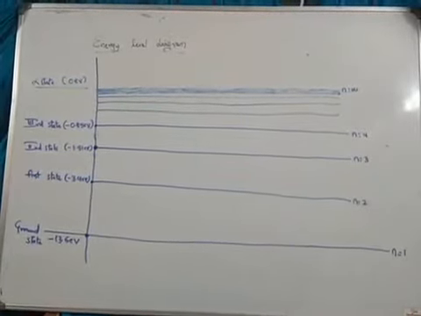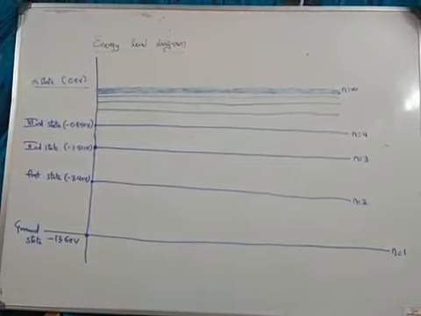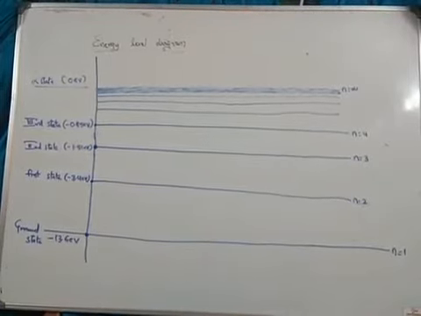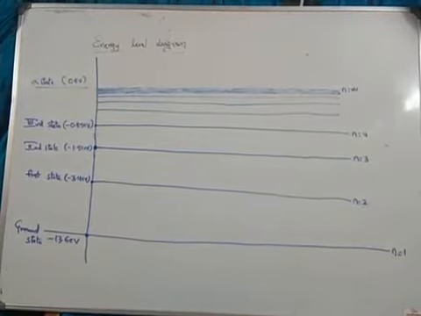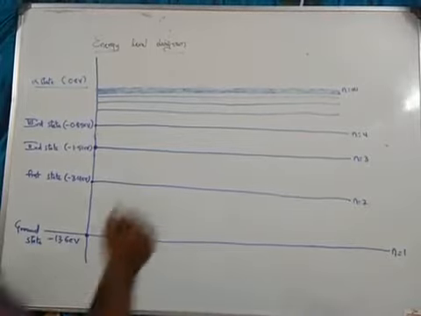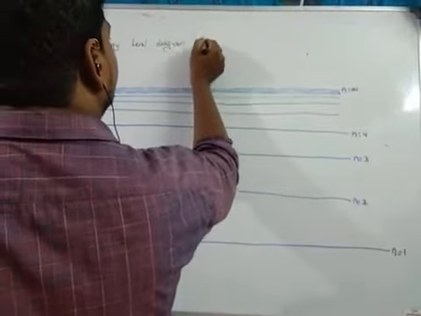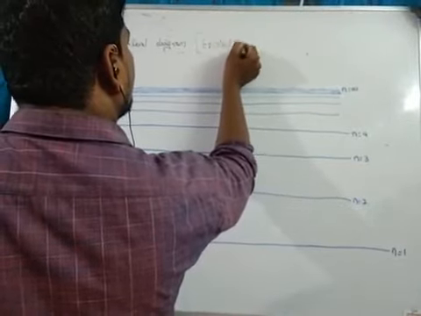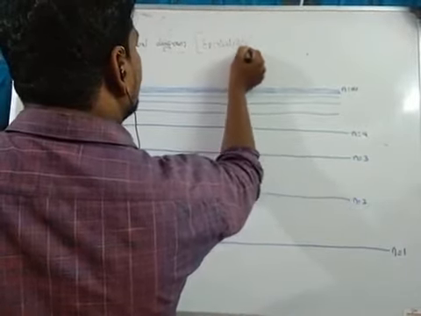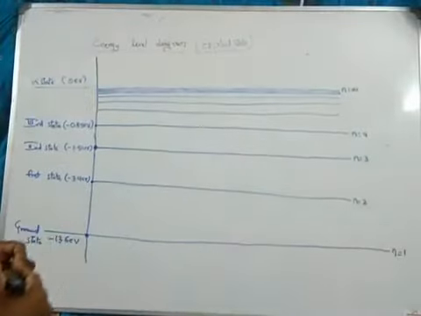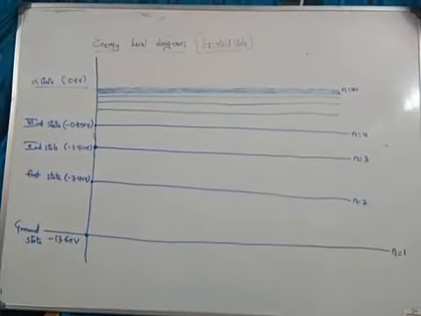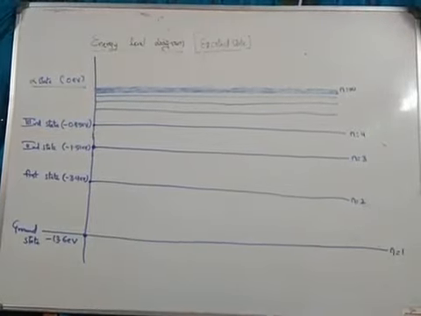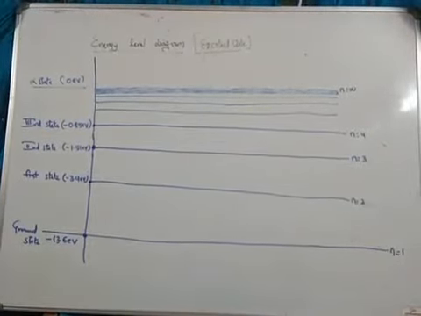Now we will go to the energy level diagram. Suppose we consider the energy level diagram for the excited state. So we represent the energy diagram for the excited level.